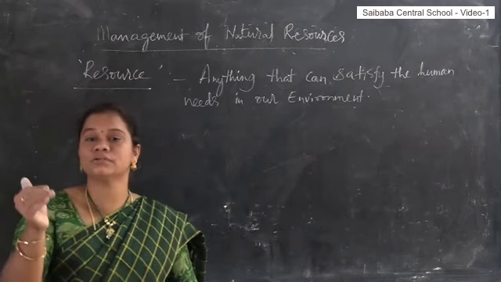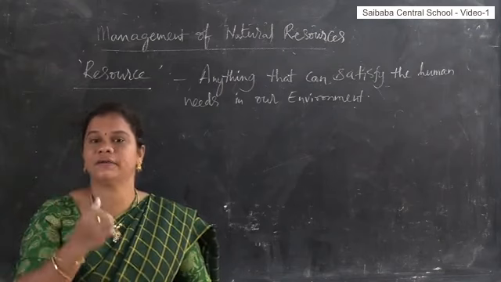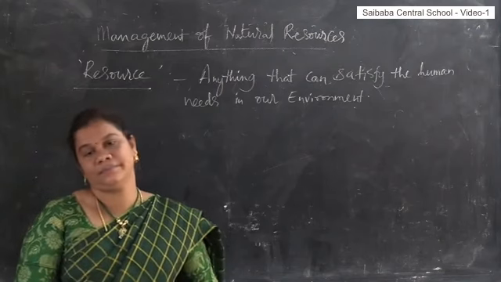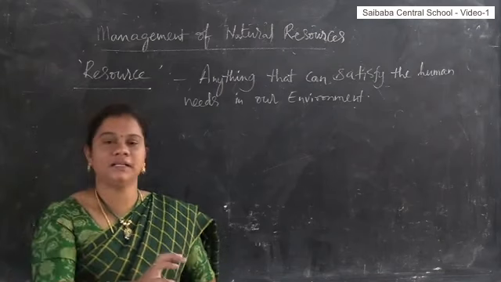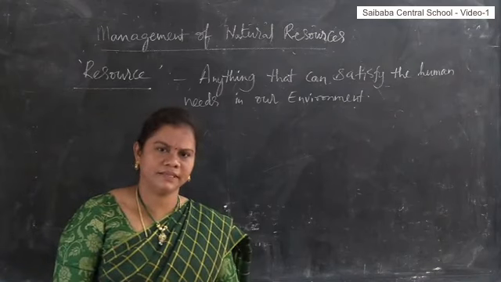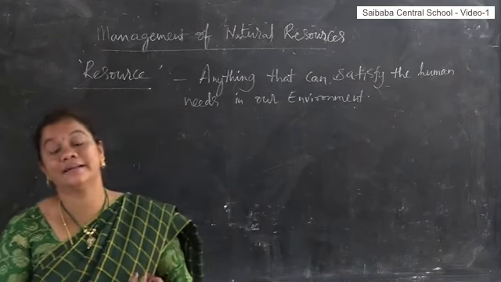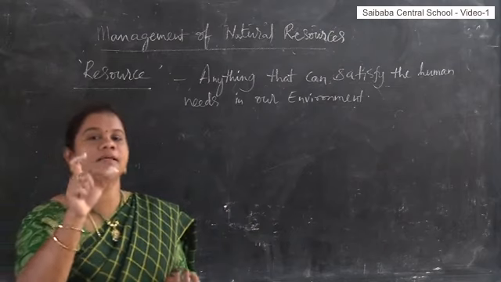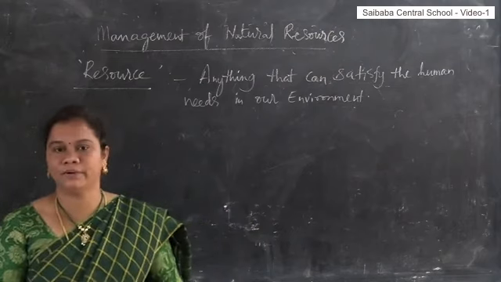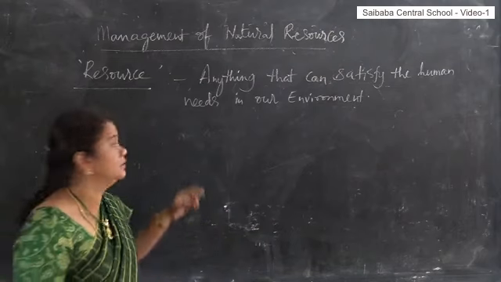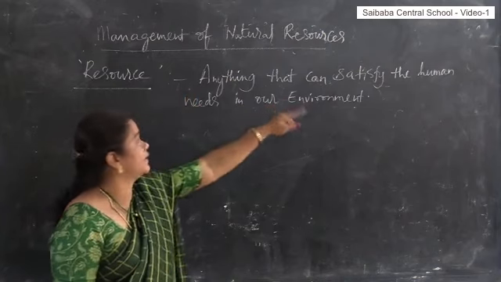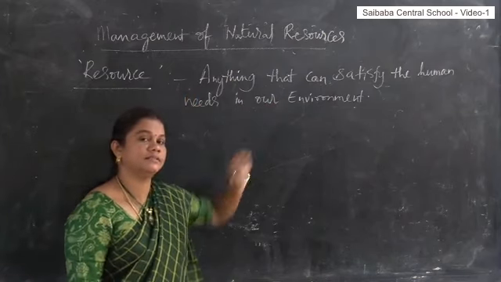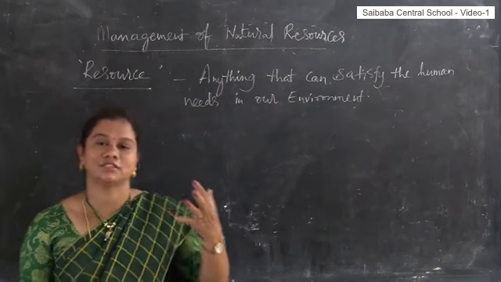We have to use that thing to satisfy our basic needs. Such a thing which is present in the environment and helpful to satisfy our needs is called a resource. Are you getting my point? So I repeat the definition: anything that can satisfy human needs in our environment is known as a resource.